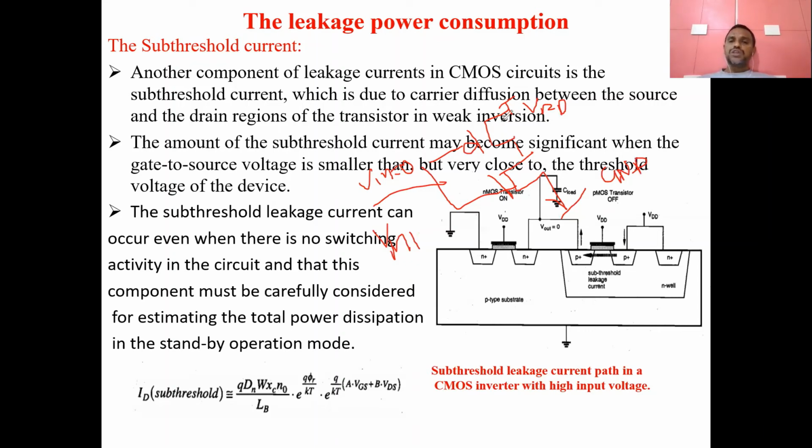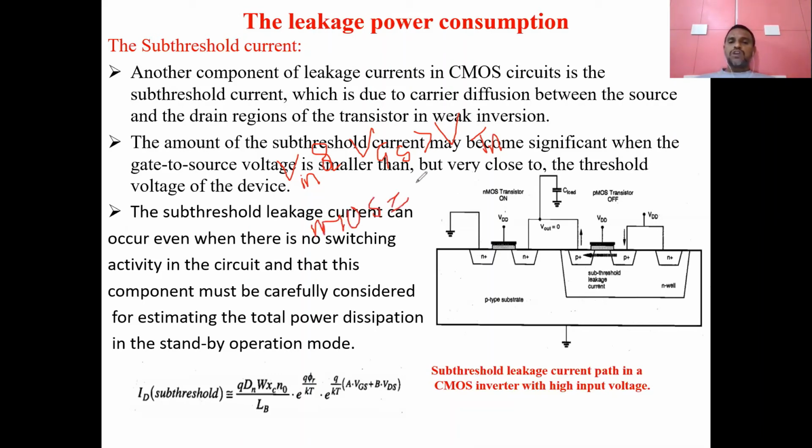Then, the sub-threshold current component: if you apply a gate to source voltage greater than the threshold voltage, considering an NMOS transistor, if Vin, or VGS, is greater than the threshold voltage of the NMOS transistor, VTN, then the NMOS will be on.